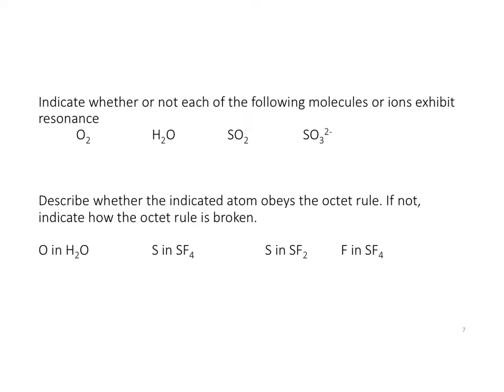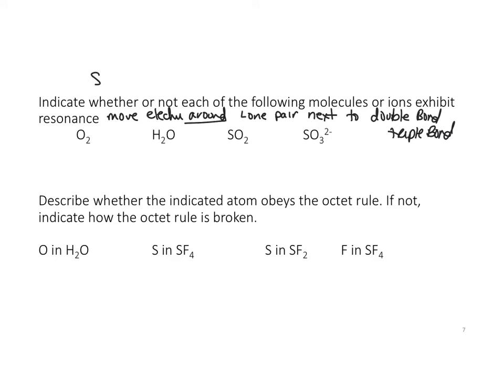Indicate whether or not each of the following molecules or ions exhibit resonance. So resonance means you can move those electrons around. And the only ones that can move electrons around are those with a lone pair next to a double bond or a triple bond.